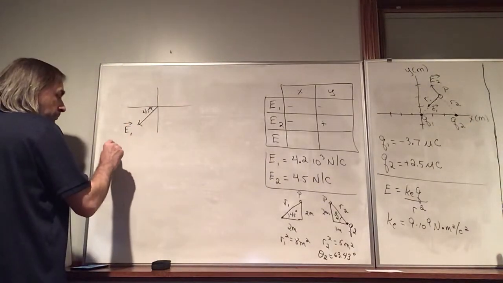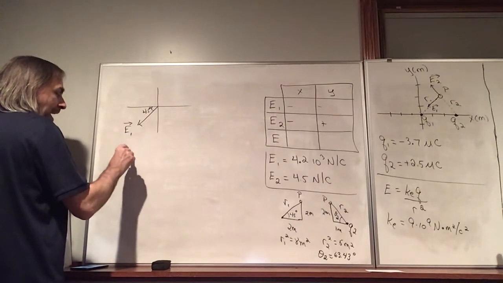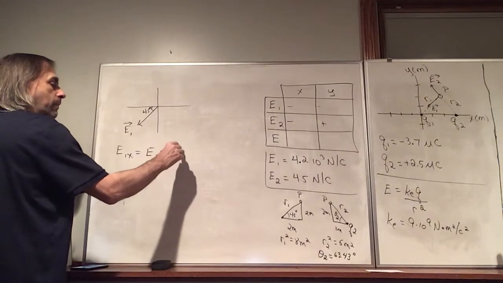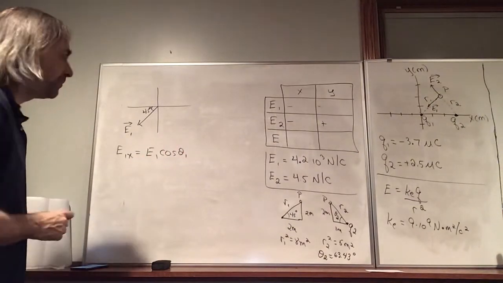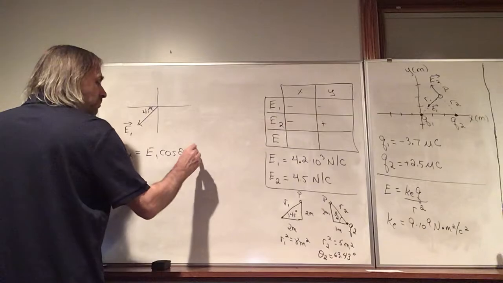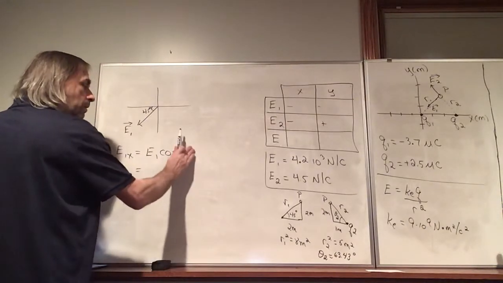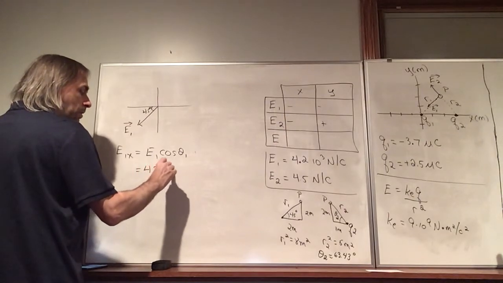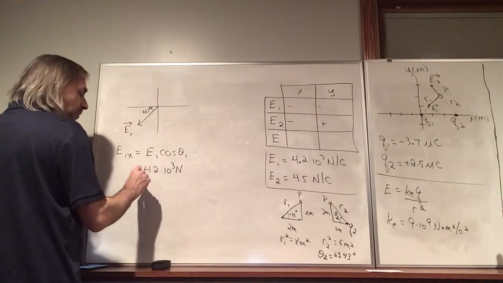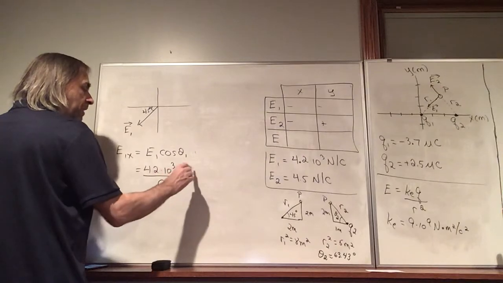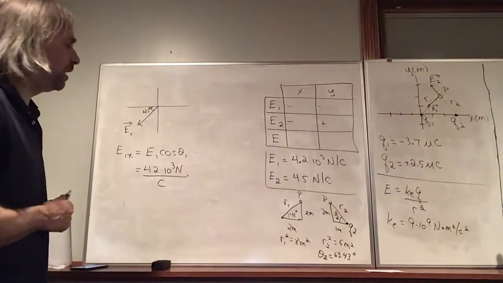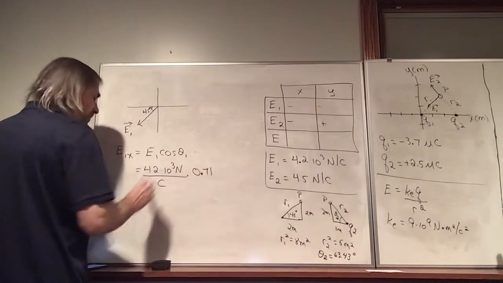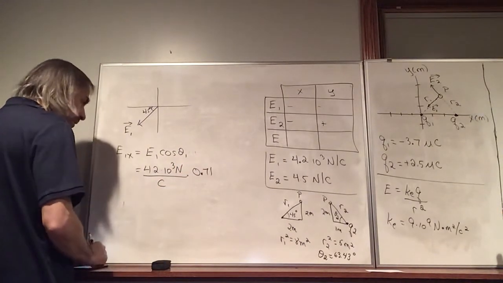So E1x, the way I drew it, is E1 cosine theta 1. So we have 4.2 times 10 to the third newtons per coulomb times the cosine of 45 degrees, which is around 0.71.